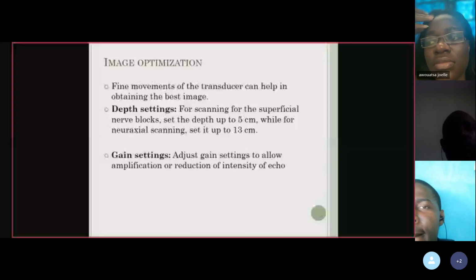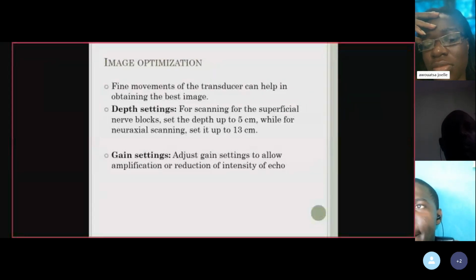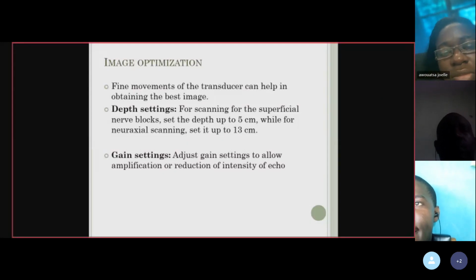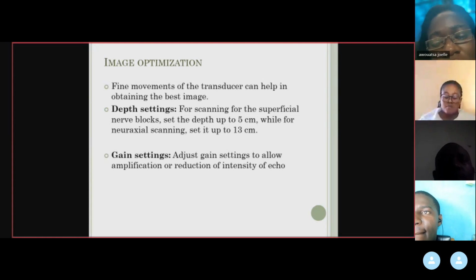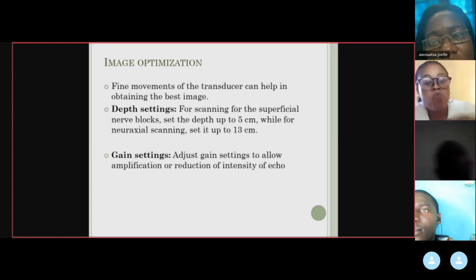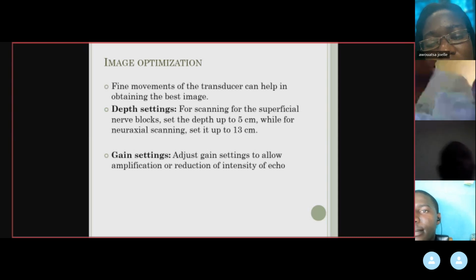So whenever we place the transducer directly on the body, there is no medium in it. Okay, there is air between them, so the sound cannot travel. Whenever we place that jelly, it helps us move the transducer easily, and the sound waves will also travel faster through that jelly. Okay, so that is called the coupling agent.